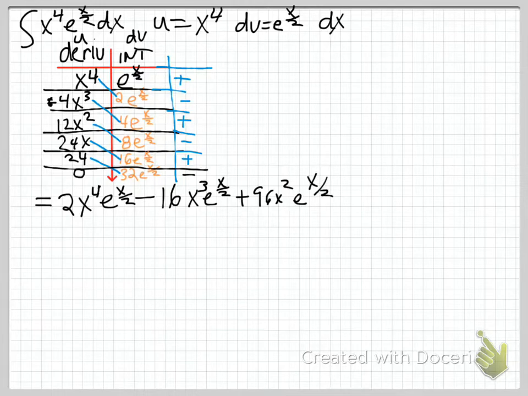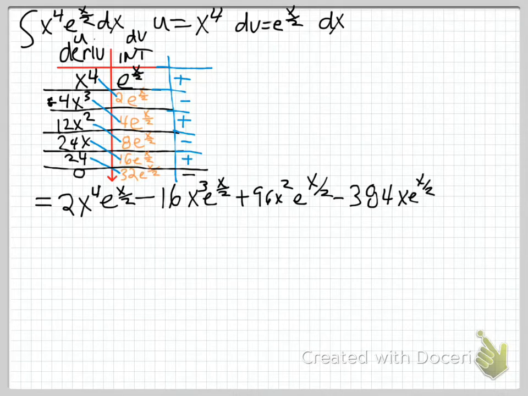And then after 96, we would end up with negative 384. Of course, these numbers are going to get kind of large. Negative 384 x to the first power, and an e to the x over 2 again.